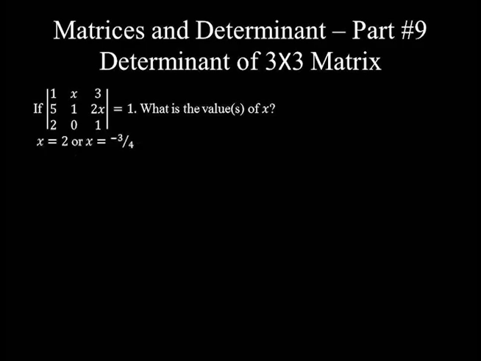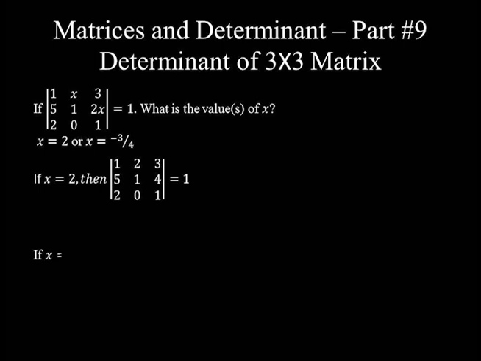Finally, let's see what the matrix looks like when we substitute x by 2 and by negative 3 over 4. If x equals 2, then the matrix becomes 1, 2, 3 in row 1, 5, 1, 2 times 2 is 4 in row 2, 2, 0, 1 in row 3. If we solve the determinant of this matrix, we will find 1.